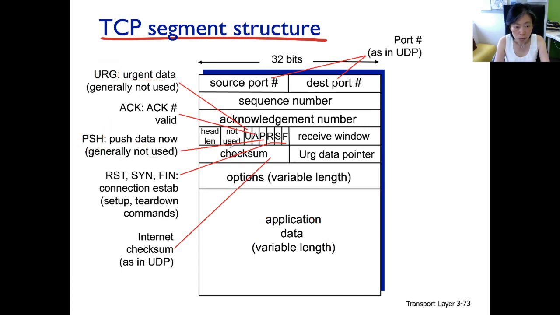And we said that these are not used, so there are a number of bits not being used. But the fact is actually there are two more bits being used. It's called the C bit and the E bit. Now these two bits are not really for reliable data transfer service, not for connection management purpose. They're actually there for congestion control.